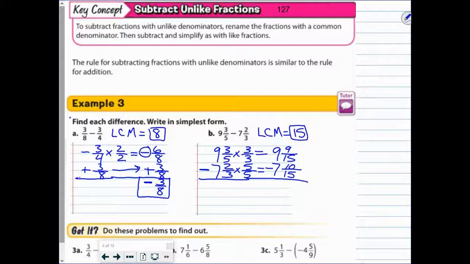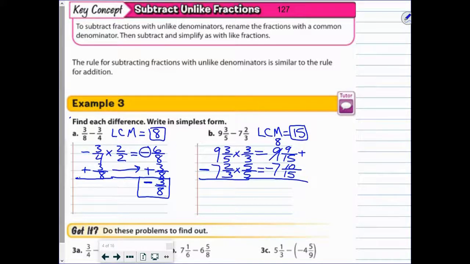You cannot subtract 9 minus 10 in this problem. Double checking that I do have the larger mixed number on top, and I do, that means I'm going to have to borrow. I need to borrow from this 9, leaving an 8, and then adding that 1 that I borrowed to 9/15 in the form of a fraction equal to 1.